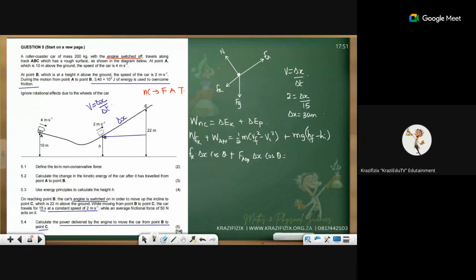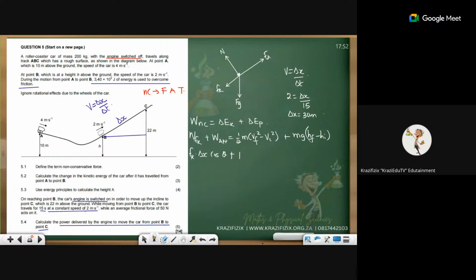I'm going to put all my substitutions later. Power, yes. No, that is energy. There's a difference: power is the rate at which energy is transferred. Even if I leave this one like this, in fact, let's leave it, because that will then be the work done by the applied force. We don't need to get the force.